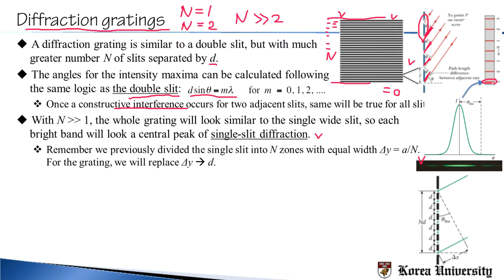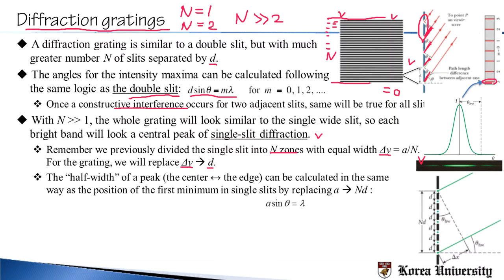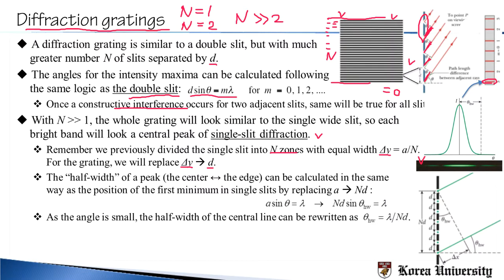In order to do that, in the case of single slit, we divide it into n zones of equal width delta y, right? But in this case, now we have to replace delta y with d and still use the same equation that we obtained from the single slit. Okay, and then now what we want to know is what is the width of this peak.